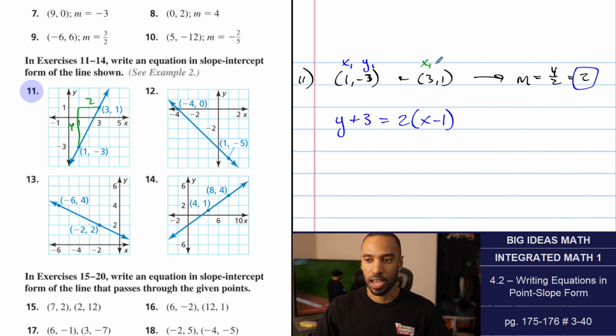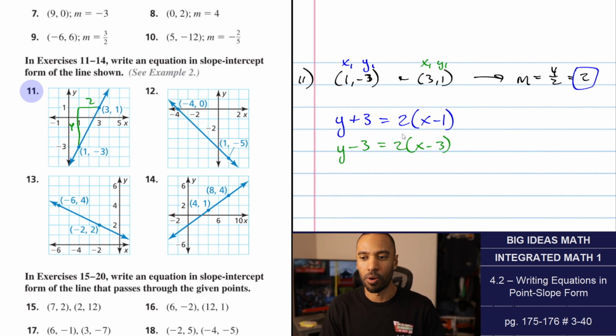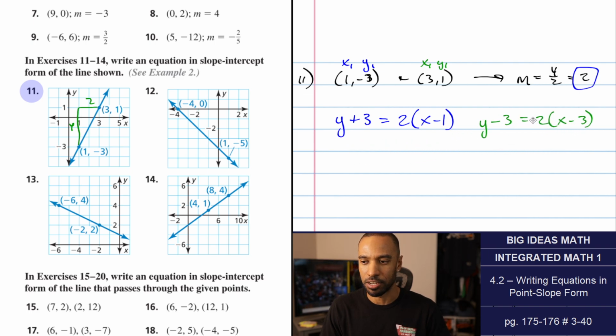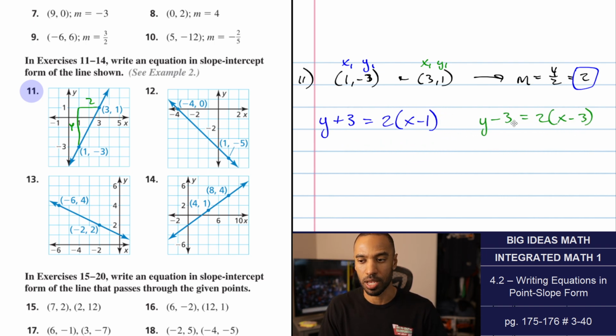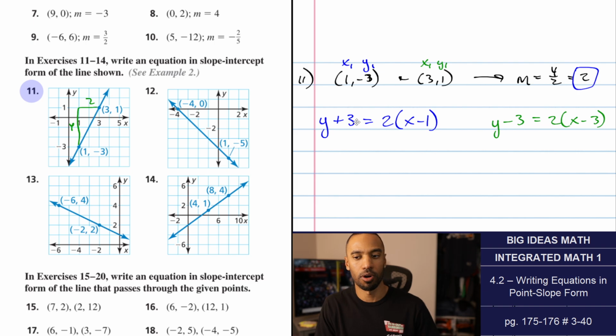Or we can choose this as our (x1, y1), and we could write it as y minus y1 equals m times (x minus x1). Now, these are two different versions of point-slope form. What they want eventually is slope-intercept form. How do we get slope-intercept form? Simplify this side and get y by itself.